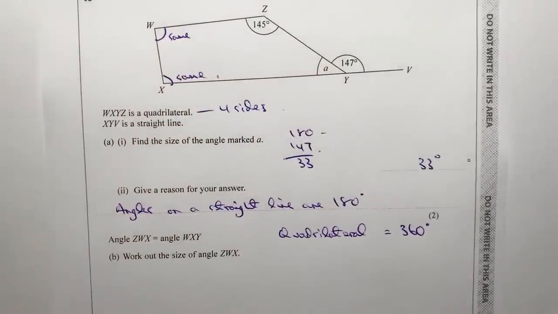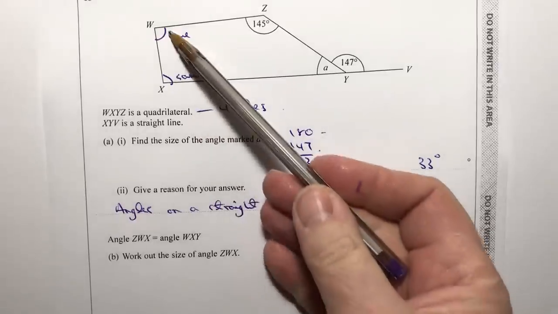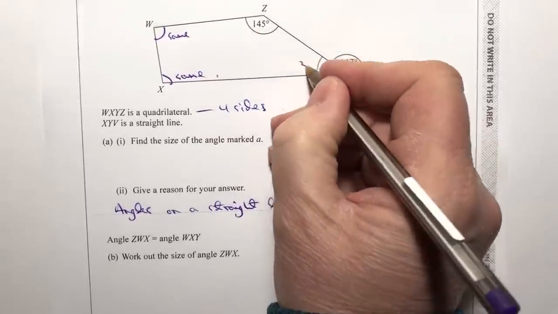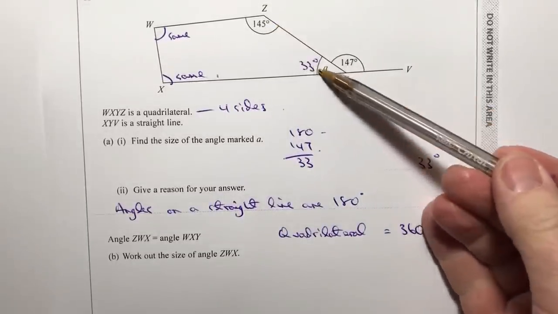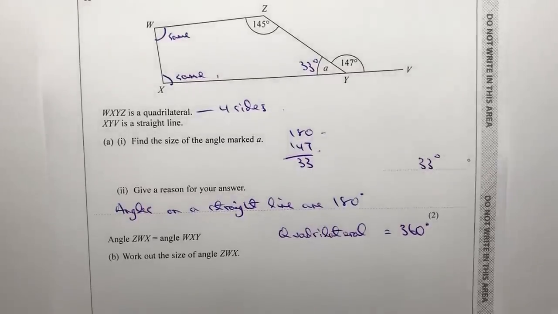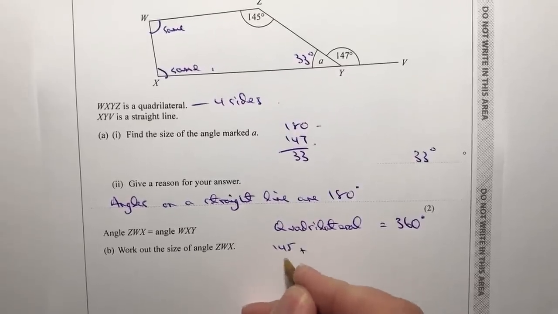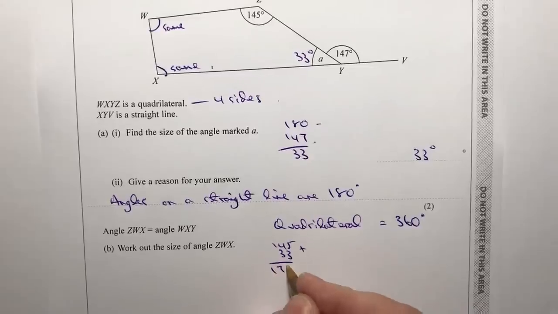Okay, so let's just have a look at that for a minute. If all of these 4 angles add up to 360 degrees, then what we can do is work out these two here. So that's going to be 145 plus 33, which gives you 178.